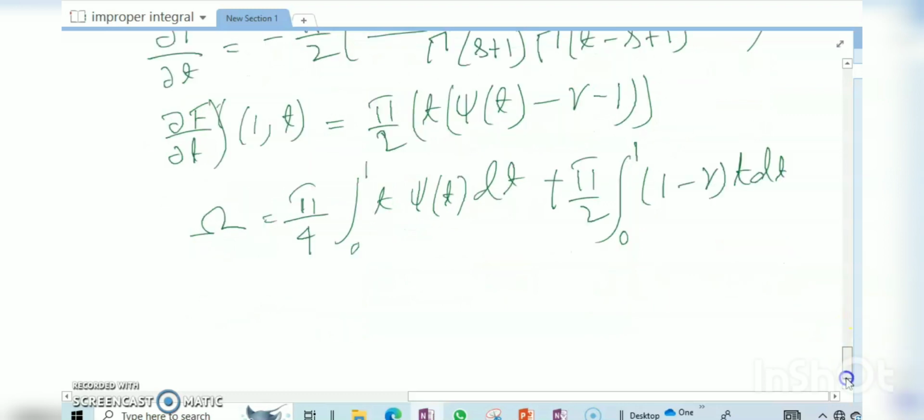So I get this value pi by 8, 1 minus gamma plus ln 2 pi.